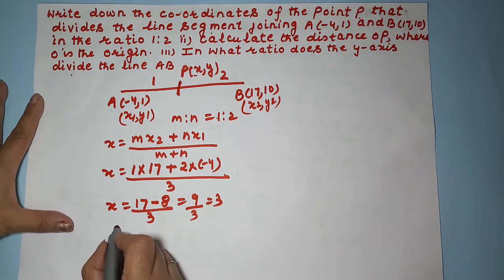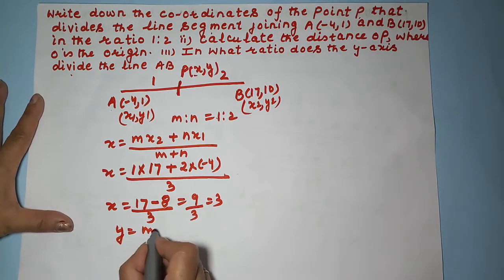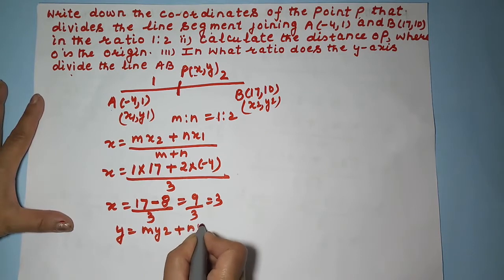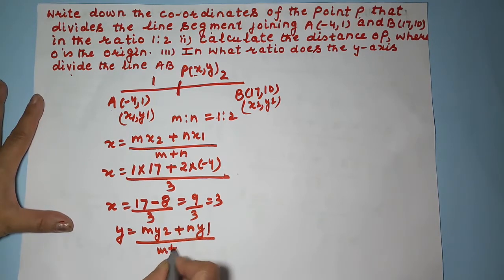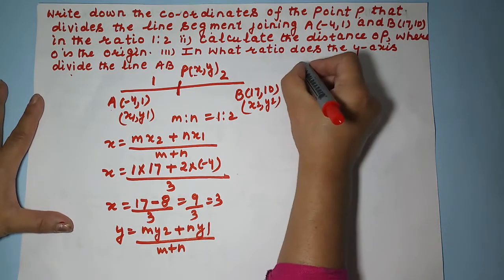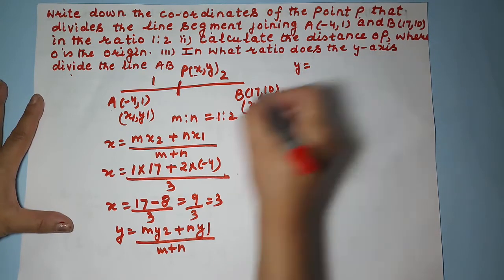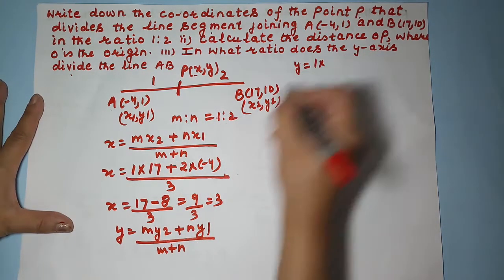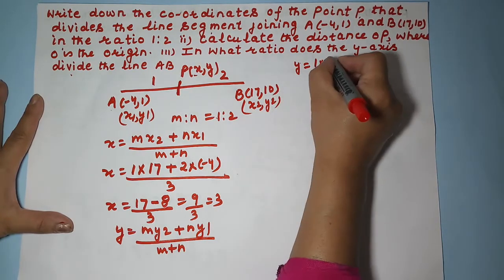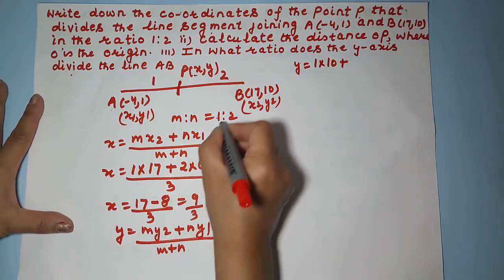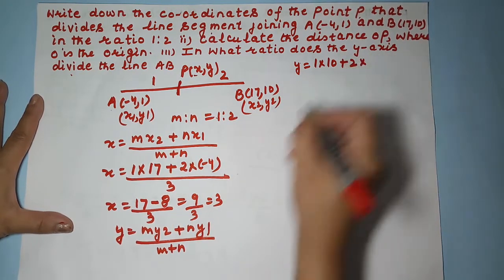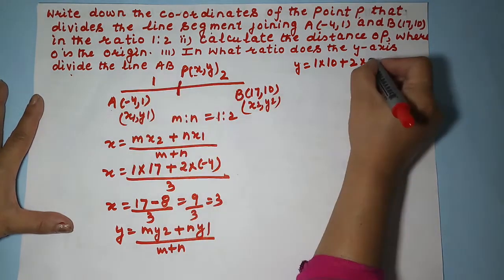Now, I will find the y coordinate, which is my2 plus ny1 upon m plus n. So, what is my y coordinate now? M is 1, y2 is 10. Plus, how much is my n? 2. How much is my y1? 1.